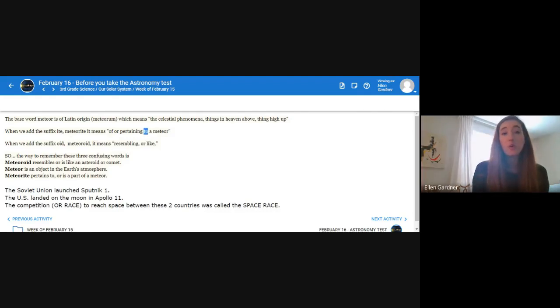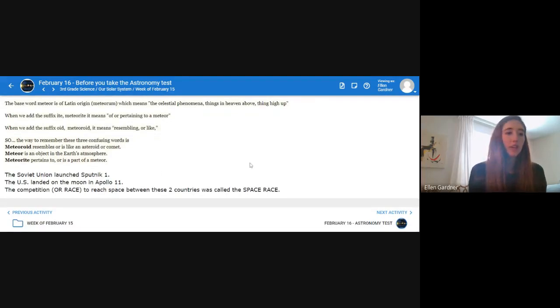Meteoroid is resembling or like, which means not exactly the same, similar. But meteorite is like a part of. So the way to remember these three is that meteoroid just resembles or is like an asteroid or comet. A meteor is an object in the Earth's atmosphere, and a meteorite pertains to or is a part of a meteor.